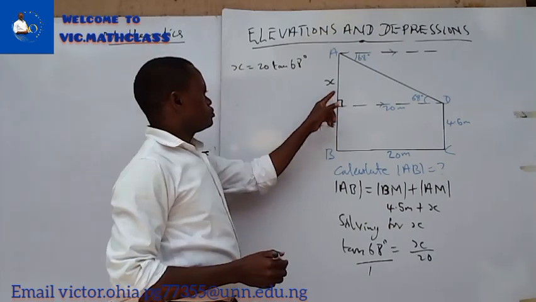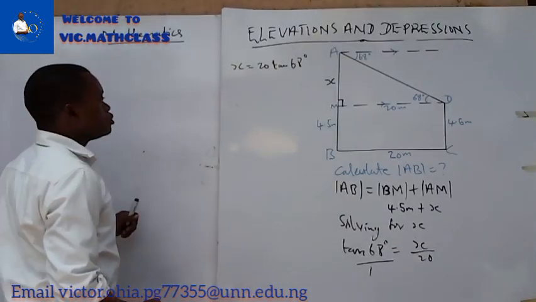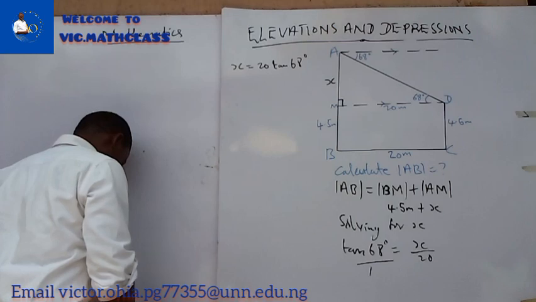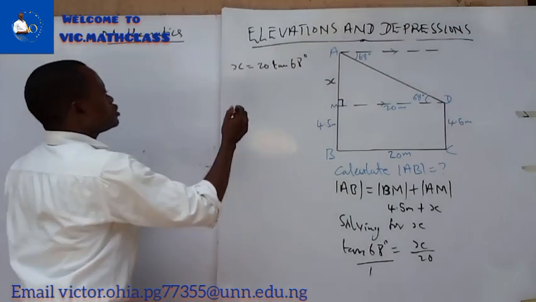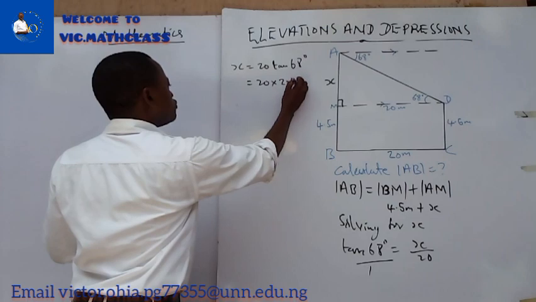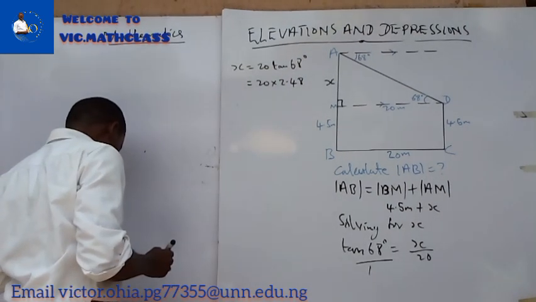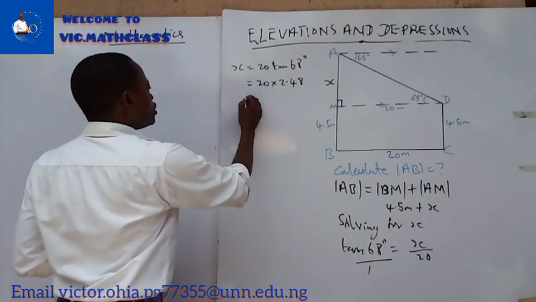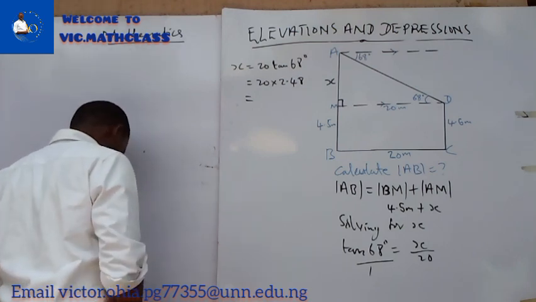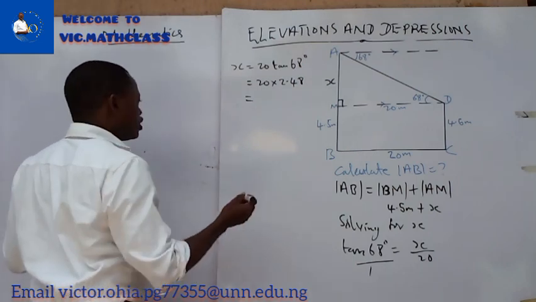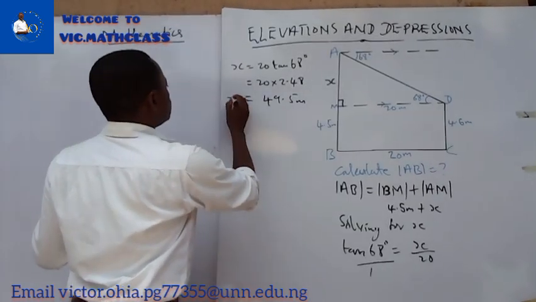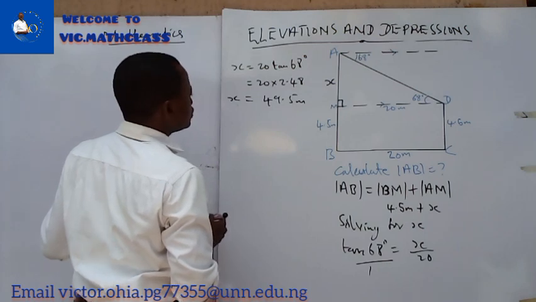Checking the value of tan 68, this gives 20 times 2.48, and the product will give us 49.5 meters. So this is x.